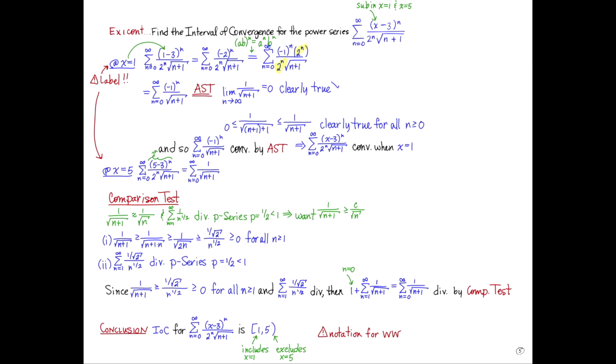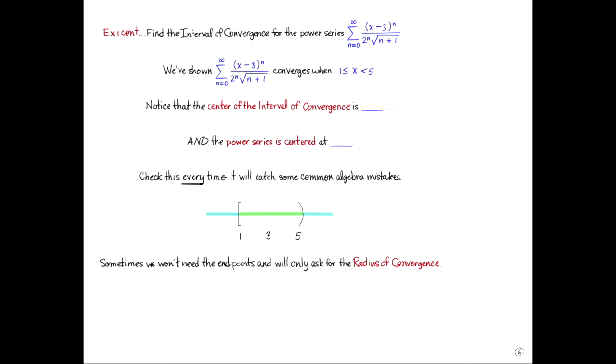Let's summarize what we just found. We've shown that our power series converges when 1 is less than or equal to x less than 5. Notice that the center of that interval between 1 and 5 is x equal to 3. And our power series in standard form is also centered at x equal to 3.